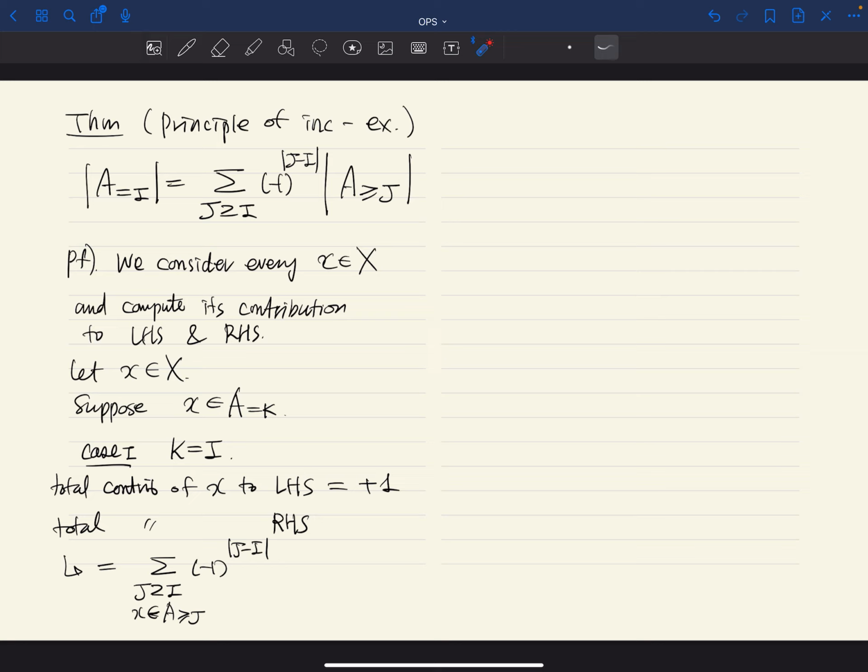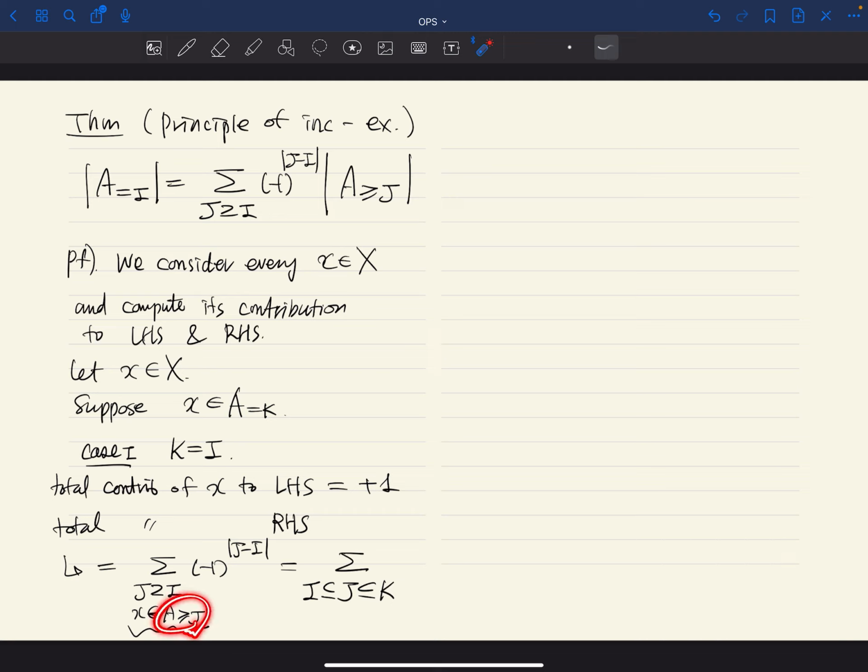But what is this? This means the properties of x are exactly k. How can x be in this set? If j is less than or equal to k as a set containment. So this means j contains I, but it must be contained in k, because then x will be counted here.